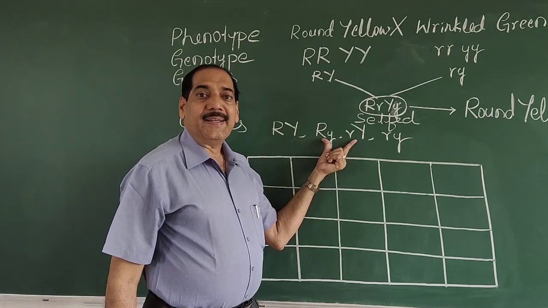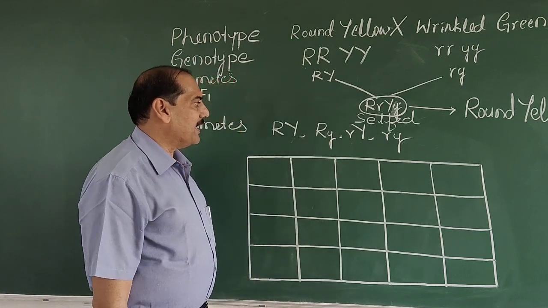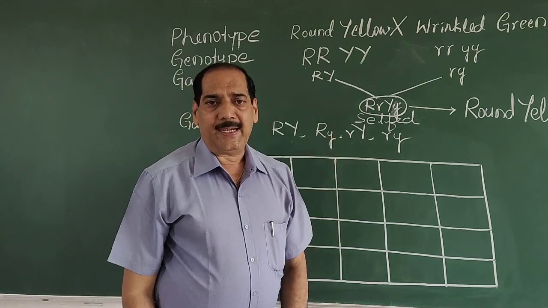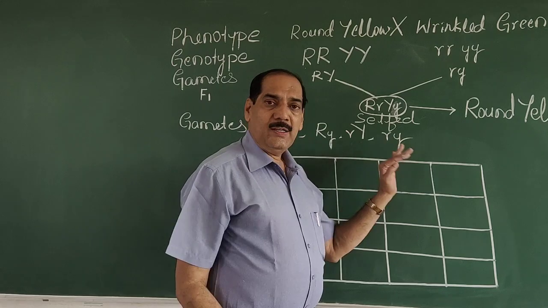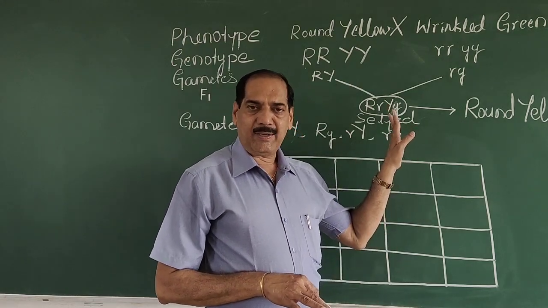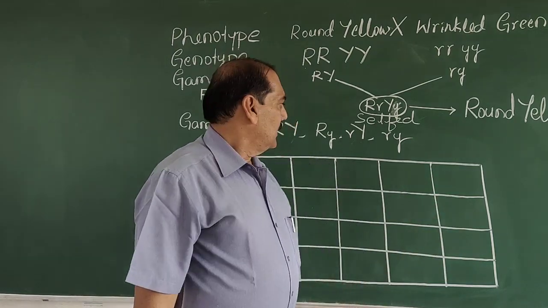These two are recombinants. These new types are called the recombinants. 4 such types of male gametes will be produced. Similarly, 4 such types of female gametes are also produced in a pea plant, because the pea plant is a bisexual plant.